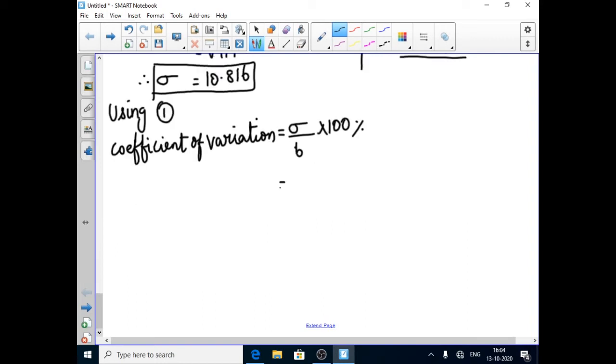That is equal to the sigma value 10.816 by 6 into 100.